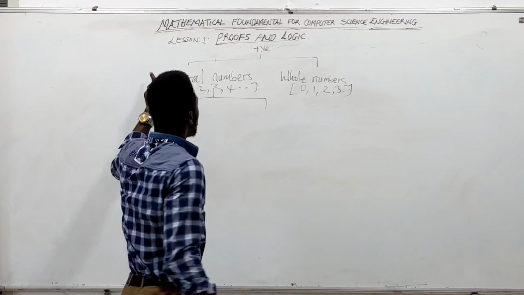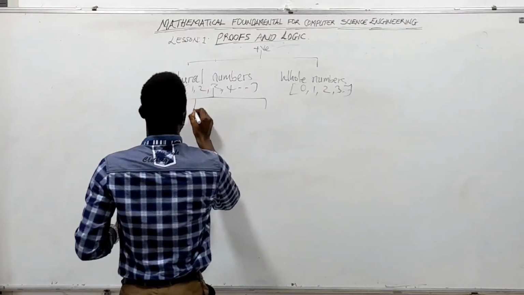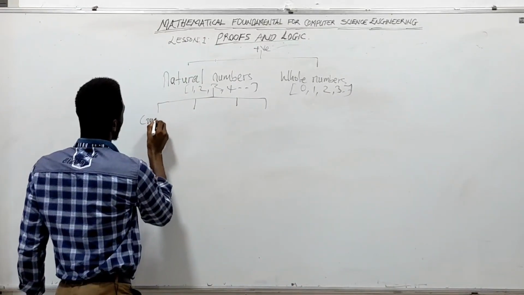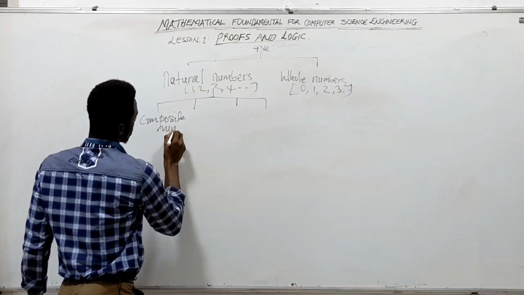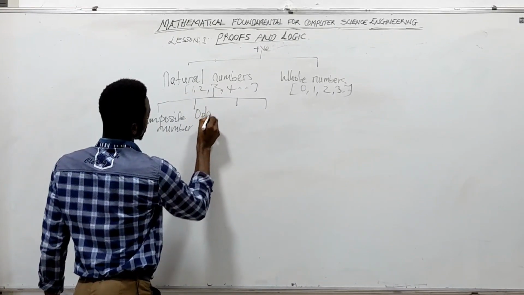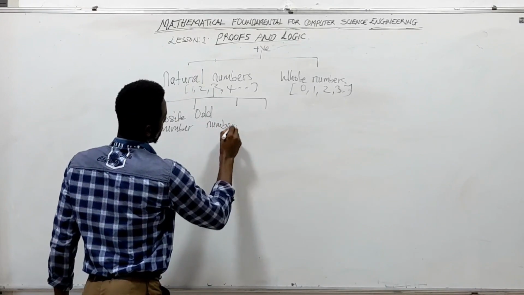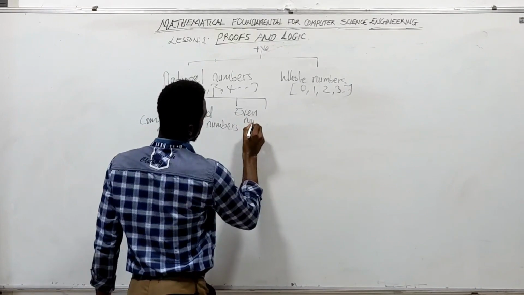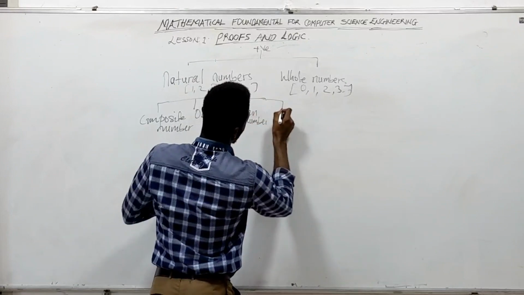Okay. So natural numbers are further divided into 4. The first one, we have composite numbers. We have odd numbers, even numbers, and finally, prime numbers.